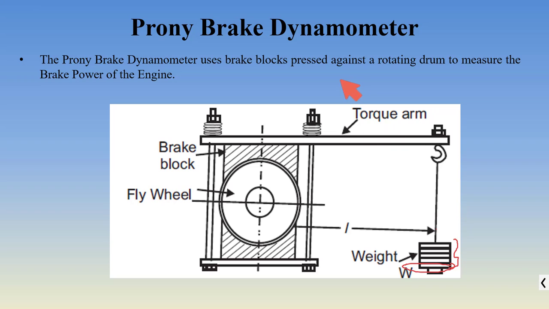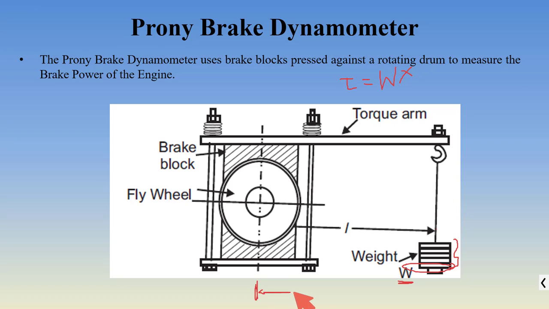What is the formula for torque? Torque is force into radial distance. So in this case, what is the force? Force is this weight applied, right? Weight is a force. Mass into acceleration due to gravity is weight. And what do you multiply it by? Radial distance. What is the radial distance?